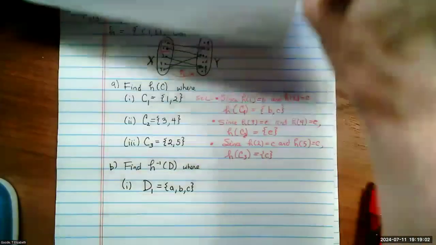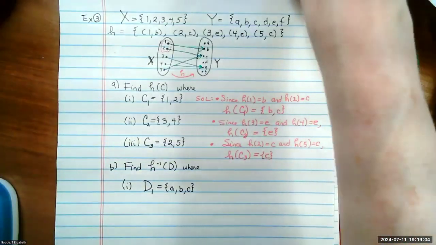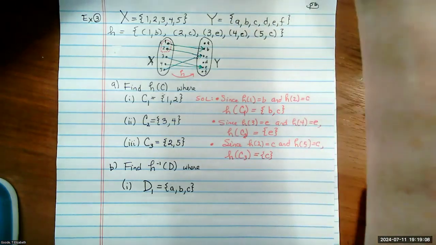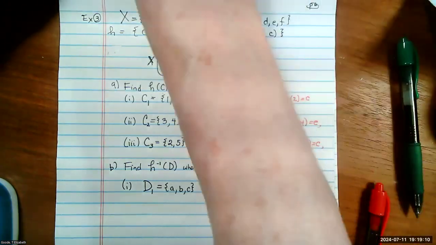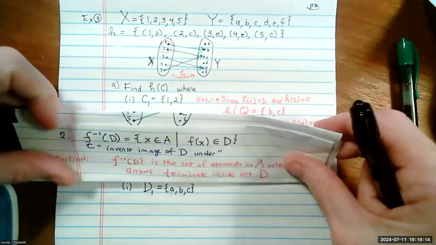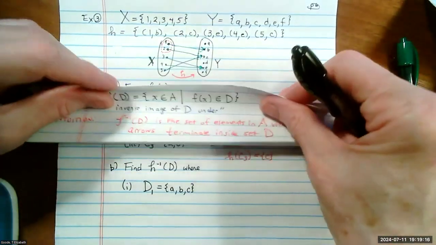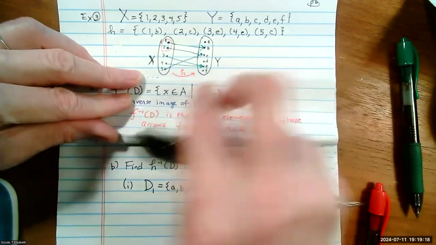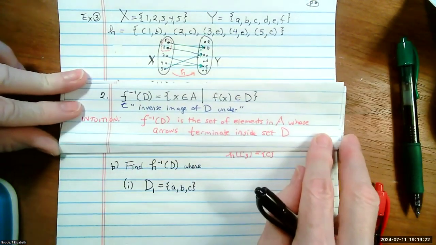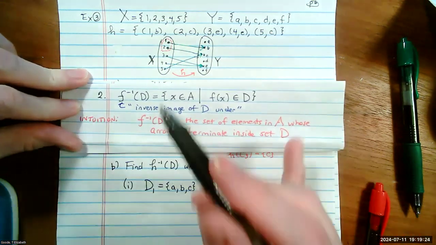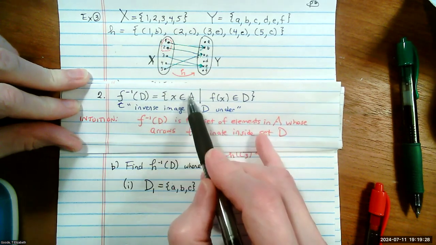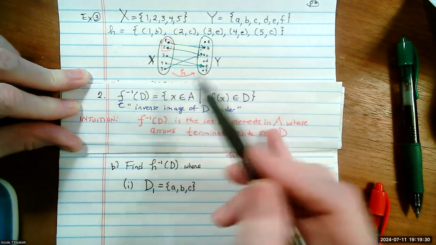Here's our definition. It'll be the elements over in the domain. The domain here is called X, not A, doesn't matter.